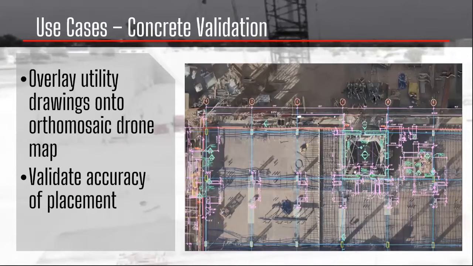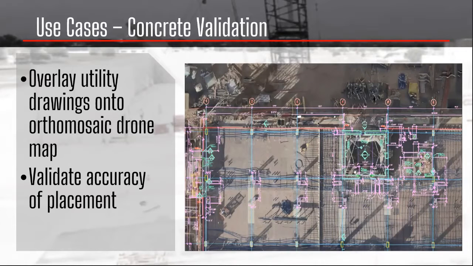Before a slab is poured for our job, we'll go and we will fly that slab, and then we'll create an orthomosaic map, which is just a collection of hundreds of drone photos stitched together.